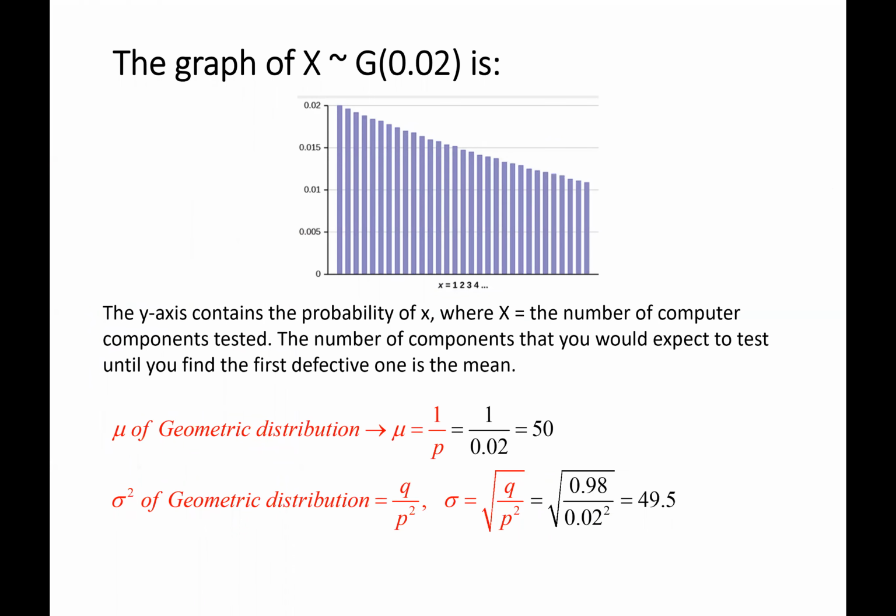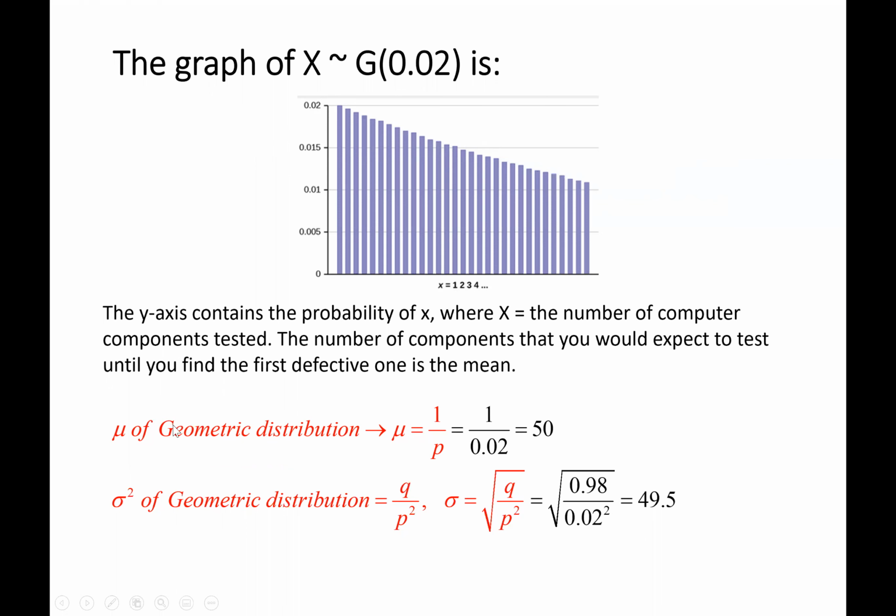Here is a graph of this particular geometric distribution, the y-axis containing the probability of X, where X is the number of computer components tested. The number of components that you would expect to test until you find the first defective one is the mean.